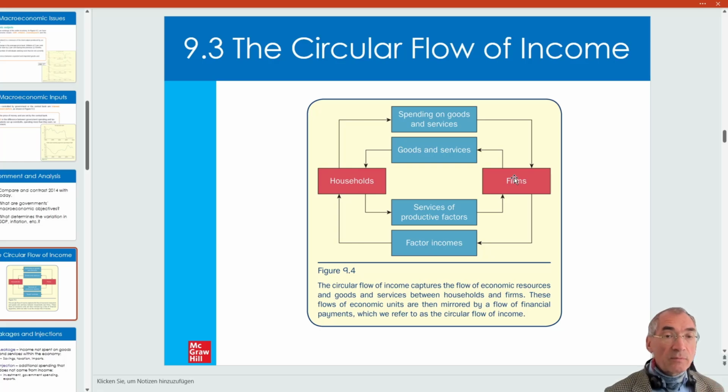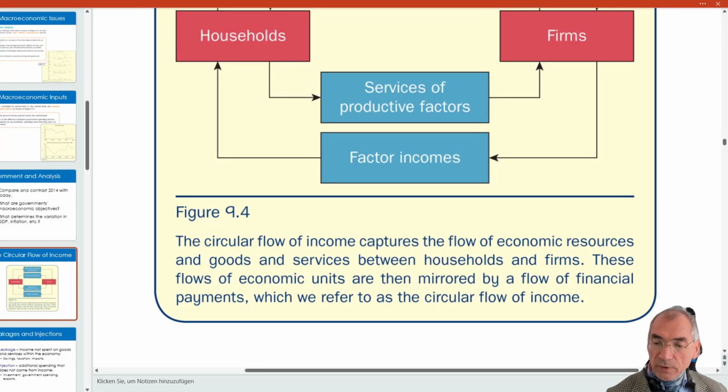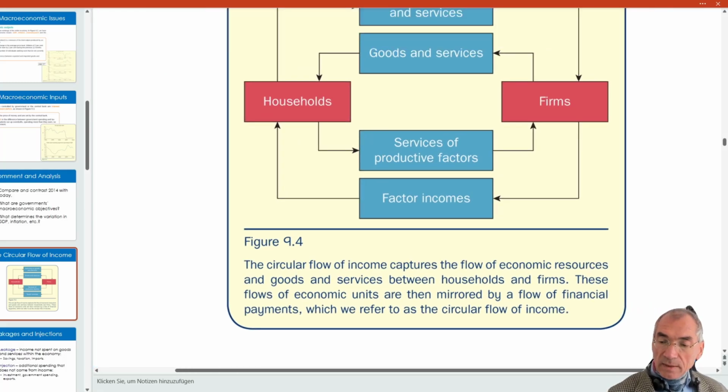And that's something that we are going to have a look at. We have the definition. The circular flow captures the flow of economic resources and goods and services between households and firms. These flows of economic units are then mirrored by a flow of financial payment, which we refer to as the circular flow of income. So let's keep this in mind.